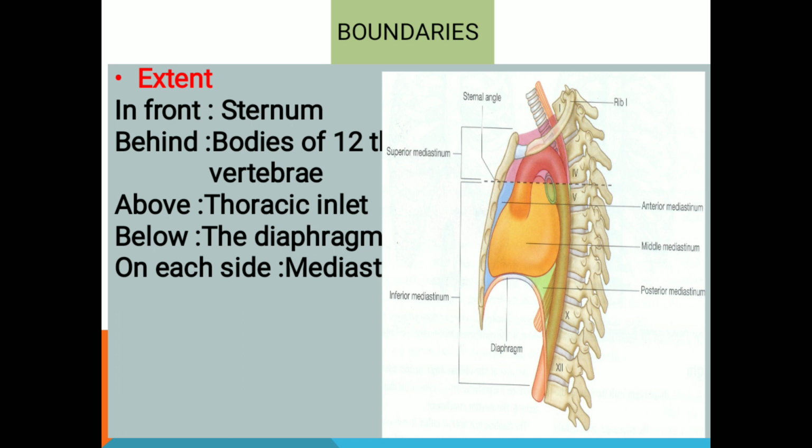On each side, it is related to the mediastinal pleura. So, in front the sternum, behind the bodies of the 12 thoracic vertebrae, above the thoracic inlet, below the diaphragm, and on each side the mediastinal pleura.